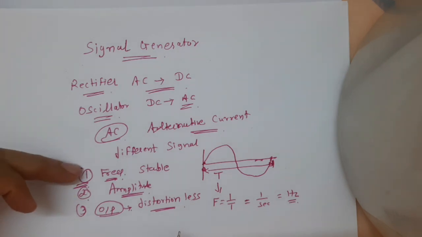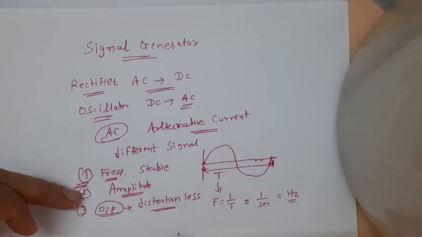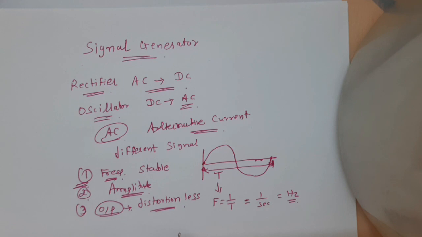So frequency should be controllable and stable, amplitude must be controllable, and output is distortionless. These are the three main requirements for all types of signal generator.